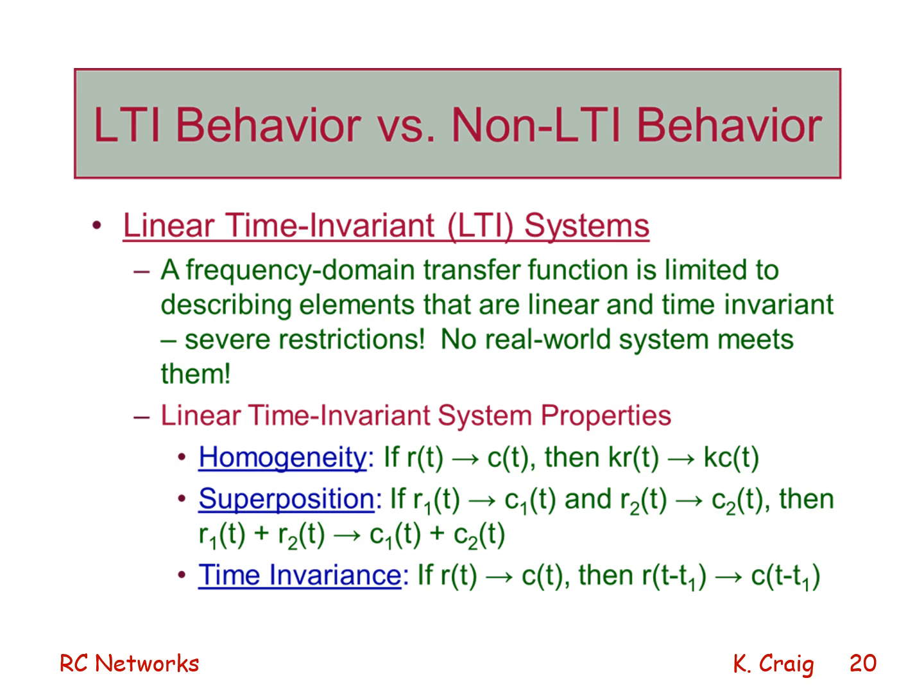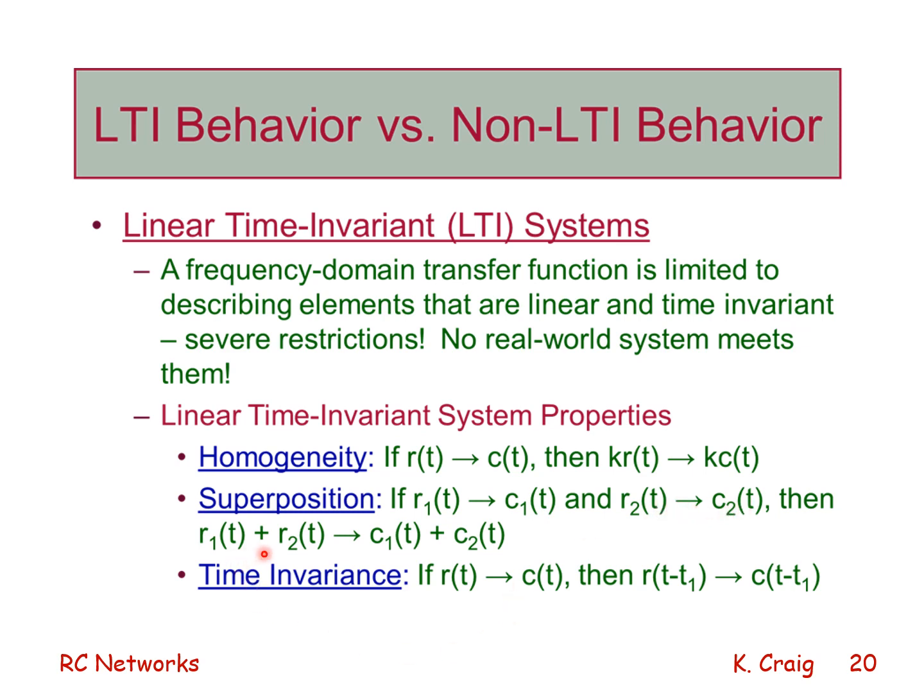Linear time invariant system properties are homogeneity. If I have an input, I get an output. If I multiply the input by a constant, the output gets multiplied by the same constant. Superposition. If I have an input, I get an output. A different input, a different output.